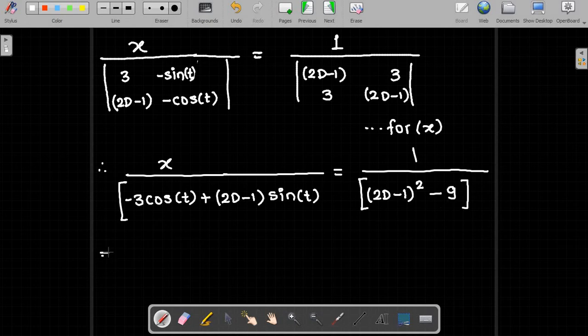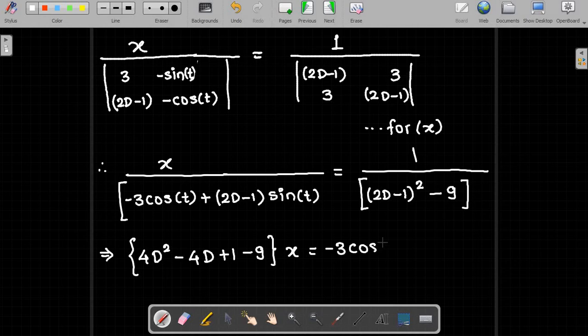If we take terms containing D on the left hand side, we get (4D squared minus 4D plus 1 minus 9) into x is equal to minus 3 times cos t. The derivative of sin t is cos t, so it is plus 2 times cos t minus sin t.